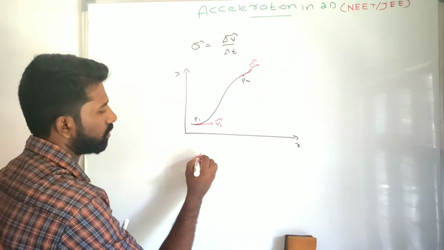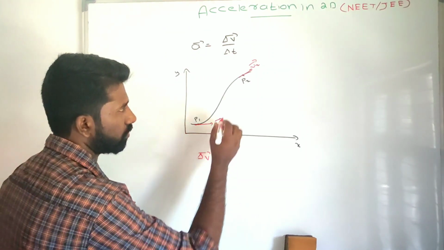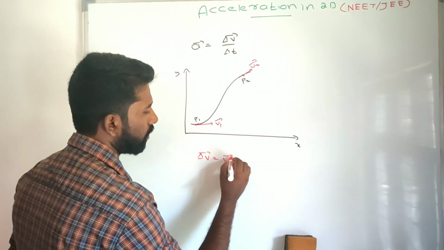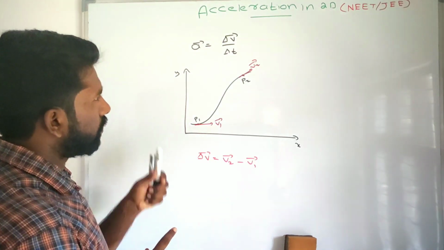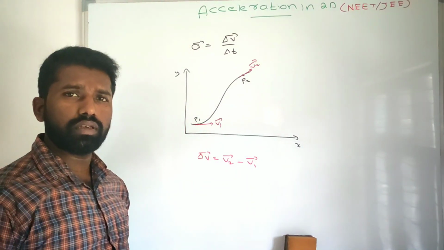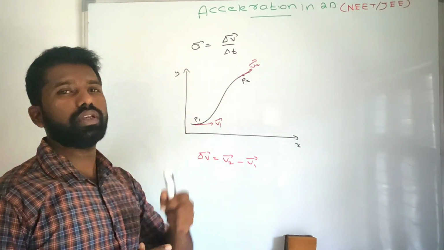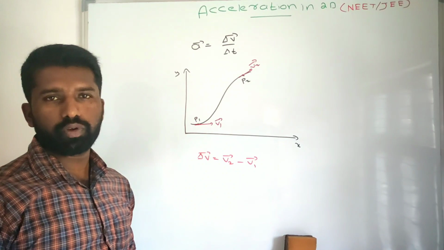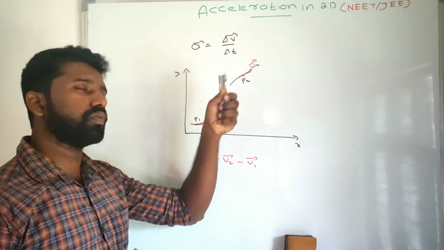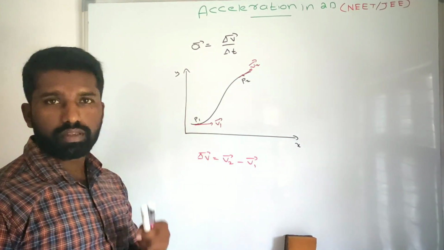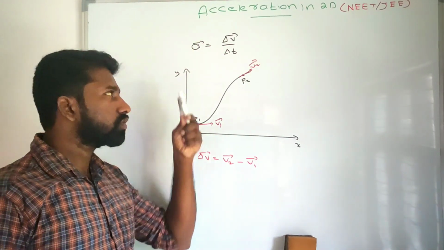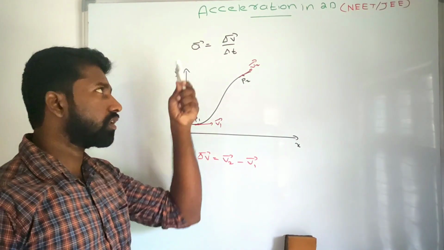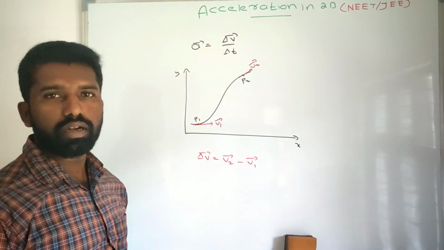So, what about the change in velocity? Change in velocity is equal to final velocity minus initial velocity. Okay, then the velocity will change when the body is moving from one point to another point. So here we can say that the body has some acceleration. The acceleration is equal to change in velocity divided by time. So the acceleration direction is equal to the change in velocity direction.